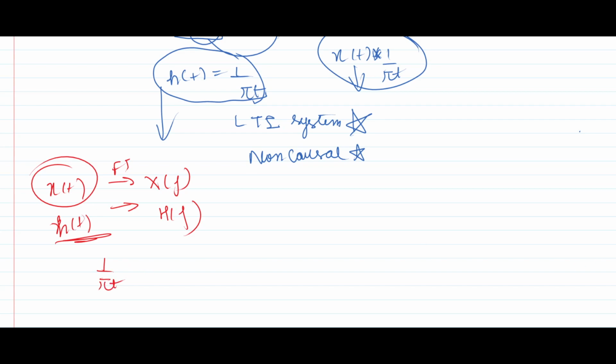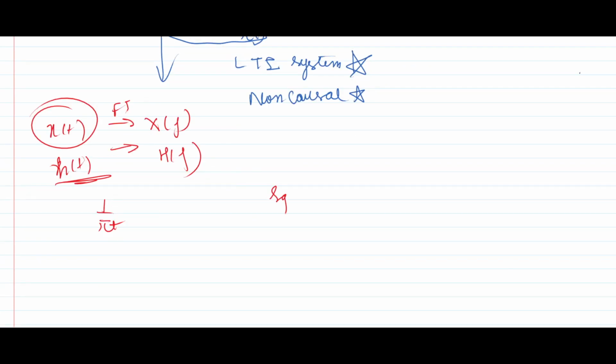You all must be aware of one thing, that for a signum function of t, all of us must remember this. This is a very important Fourier transform. Fourier transform of signum t is 1 upon j pi f.